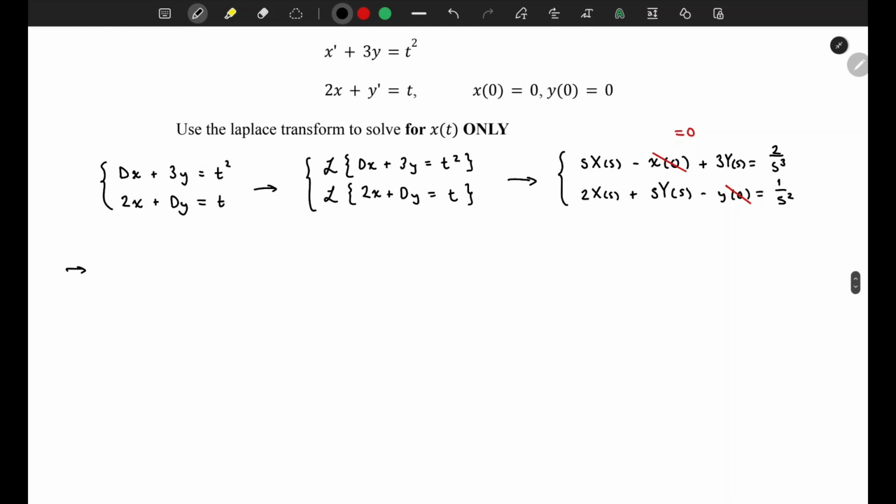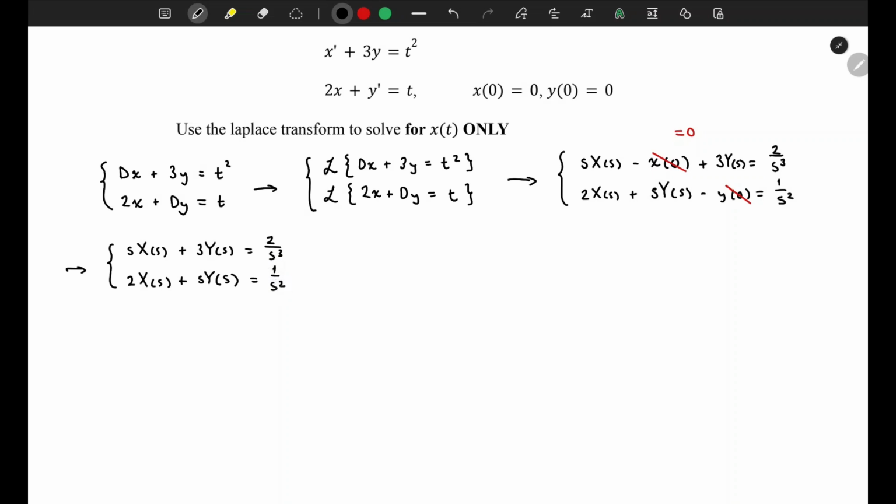So we can pretty much neglect them. So we're left with s X of s plus 3Y of s equal to 2 over s cubed, and 2X of s plus s Y of s equal to 1 over s squared.